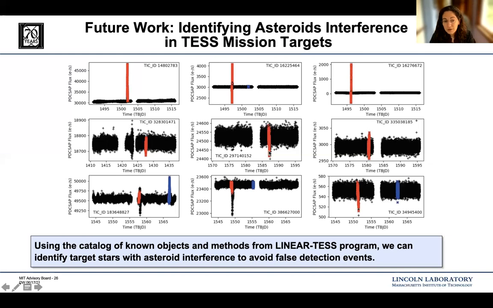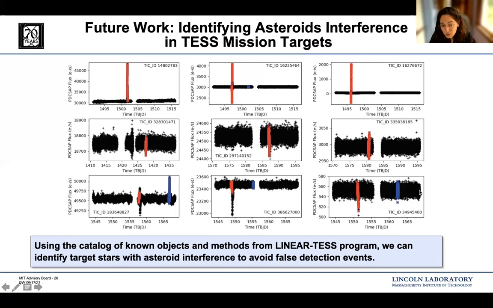So future work for us is to publish the identification information for catalog stars with the time periods and pixel locations of asteroids that are interfering, because there are cases also where multiple asteroids are interfering in a single sector. So you could have 2 apparent transits that are actually just due to asteroids.